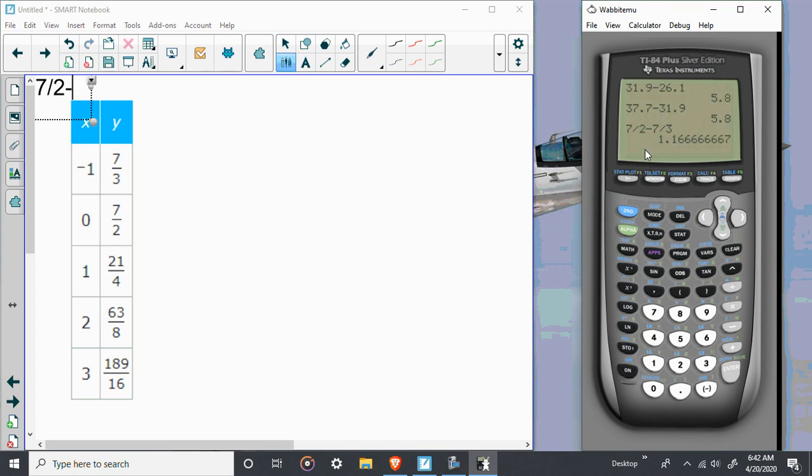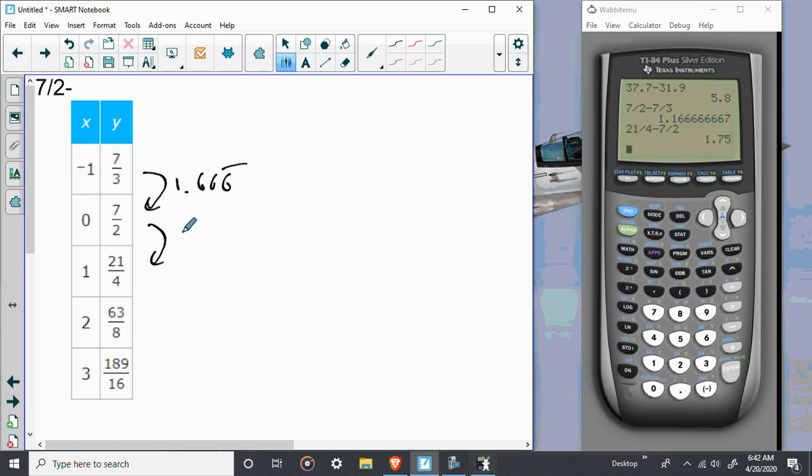What did I get? 1.6 repeating. Okay, next one's going to be what? 21 divided by 4 minus 7 over 2. By the way, I don't care what Excel says. If you can do these, that's fine. If you get stuck on these, I'm not all that concerned about the decimals.